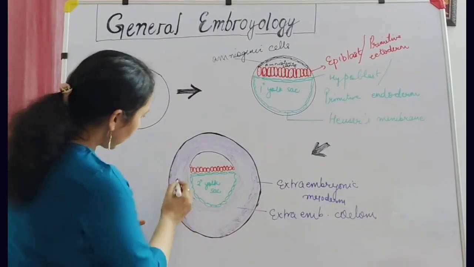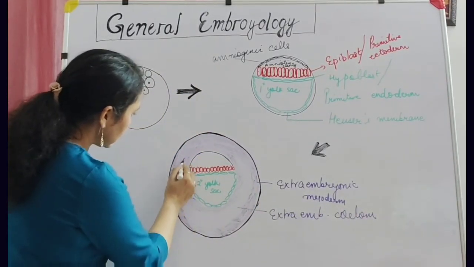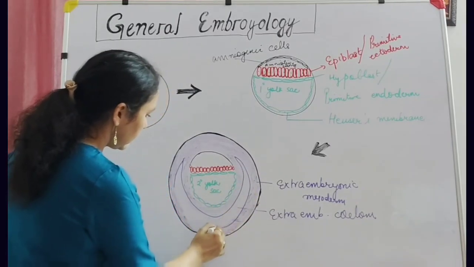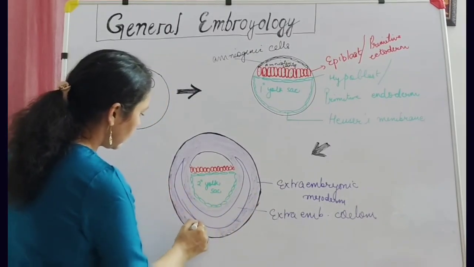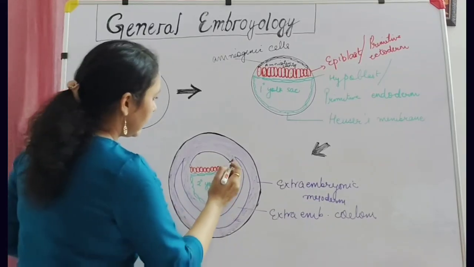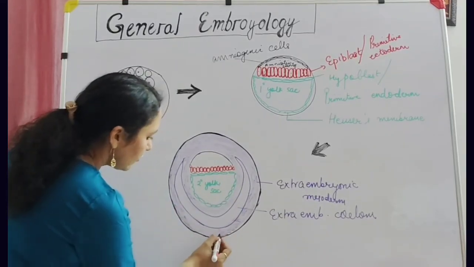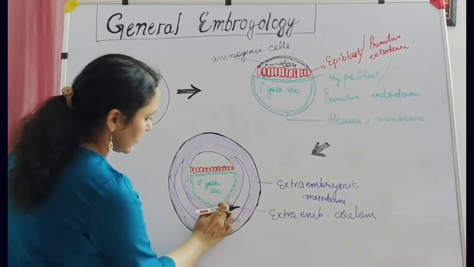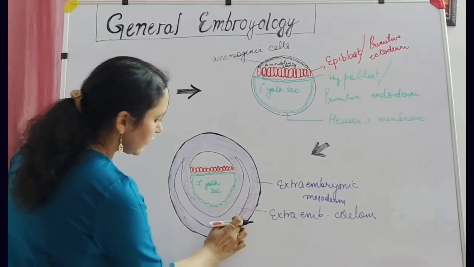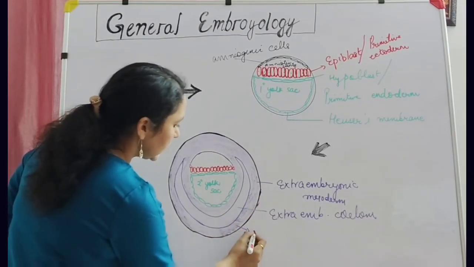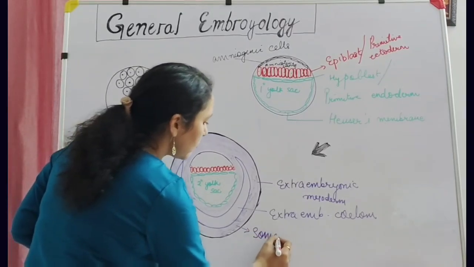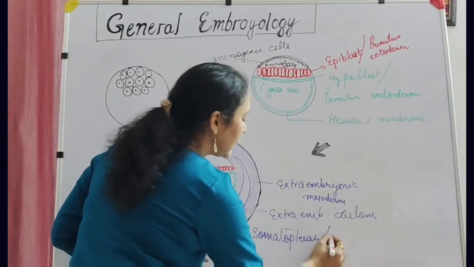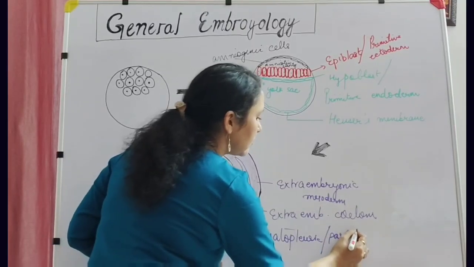Now we can see very clearly that this is the final picture. Right? So we have this extraembryonic mesoderm. So this layer of extraembryonic mesoderm, we call it as somatopleuric or parietal extraembryonic mesoderm.